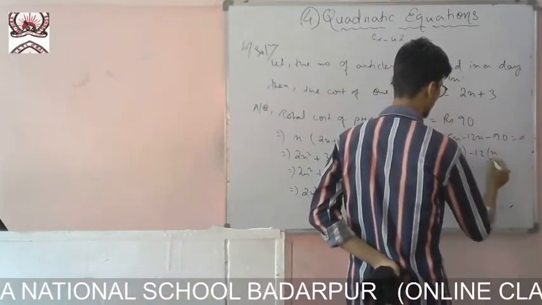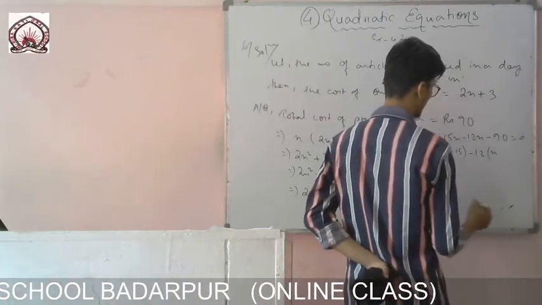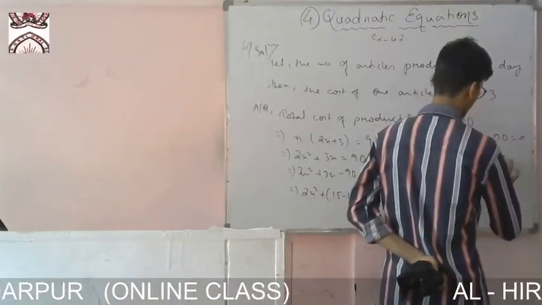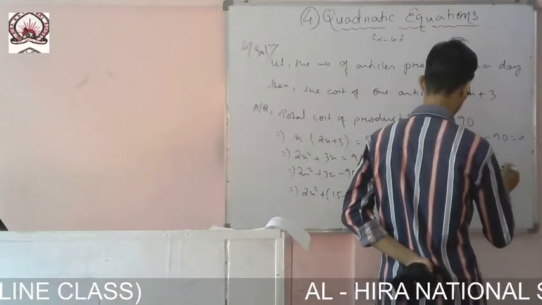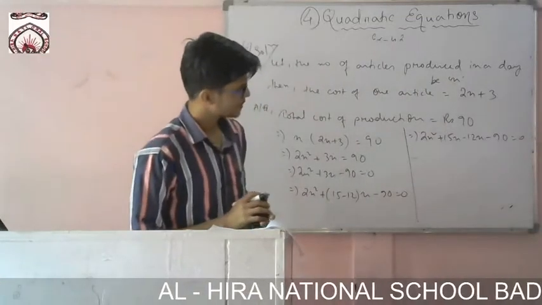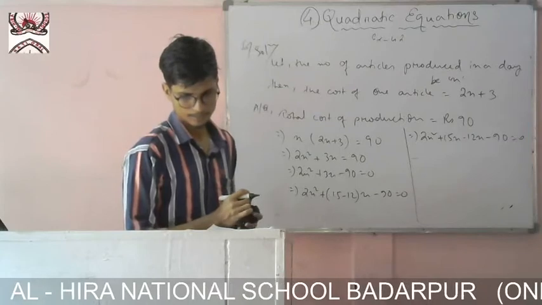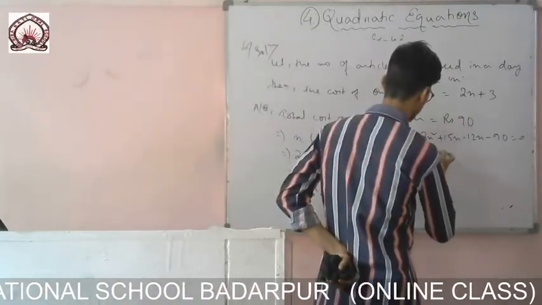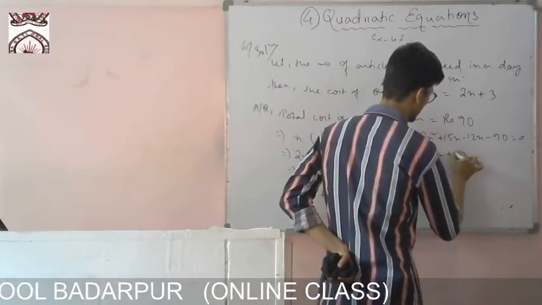An error is there. Twice x square plus 15x minus 12x minus 90, no? Okay, let me take it once again. If I take x common, then left is 2x plus 15.